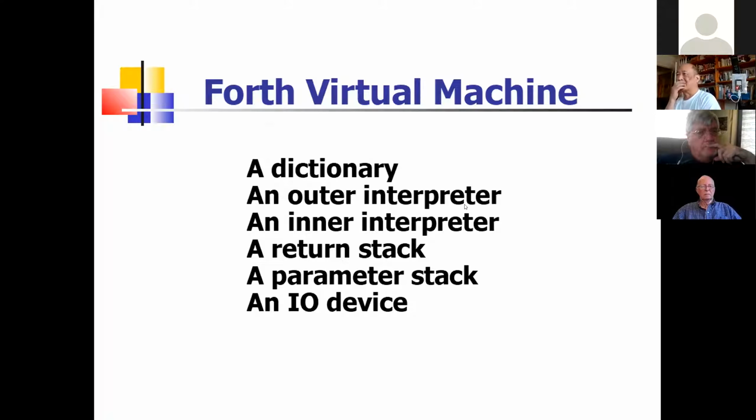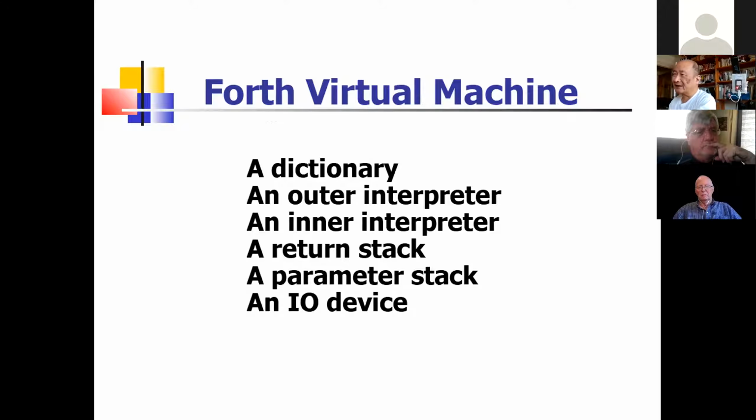So in summary, you see we have the Forth virtual machine, and the essence of a Forth virtual machine is it has a dictionary with all the words or objects in it, and it has an outer interpreter. It has an inner interpreter. The outer interpreter would go through text files and interpret lists of Forth words.